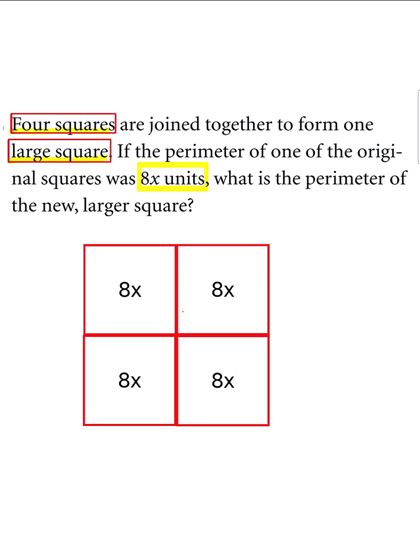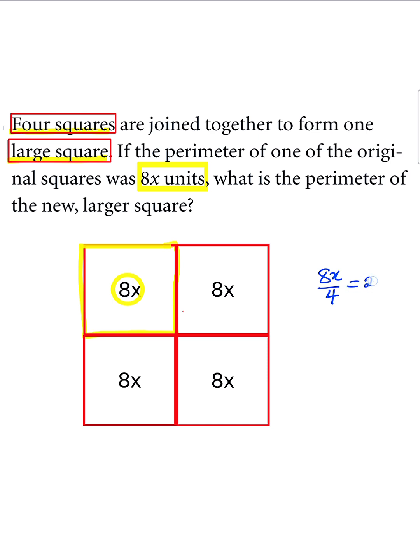And we know that for us to find each of the sides of this square, all we need to do is divide the perimeter by 4, because each square has 4 sides. That is to divide 8x by 4.